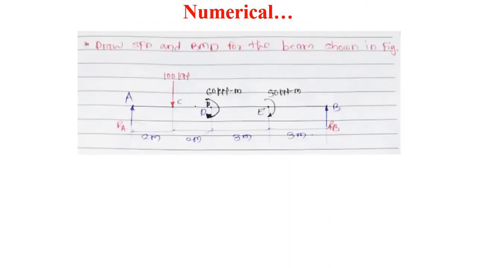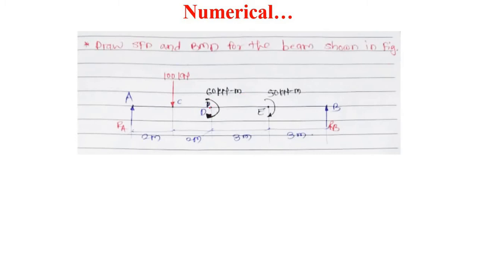Now we will see one more numerical here. Draw shear force and bending moment diagrams, SFD and BMD, for this given beam as shown in figure. Okay, this AB is a simply supported beam. This beam is just rested at points A and B. Then a 100 kilonewton load is given at point C, which is 2 meter apart from A. Then at point D, which is 4 meter apart from A, or we can say 2 meter apart from C, a 60 kilonewton meter clockwise couple is given.